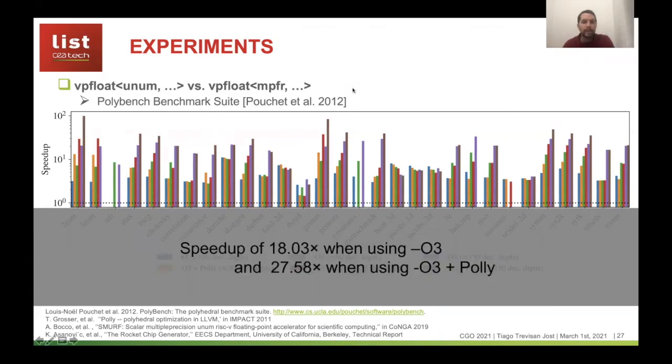So to summarize the speed up that we got when executing a hardware support in comparison to a software support, we have a speed up of more than 18 times when using O3 and more than 27 times when using O3 plus Polly, which means that we're not only able to better explore the optimizations when using a hardware target, but we are also able to explore the Polly optimizer, which gives us much better performance than a baseline.